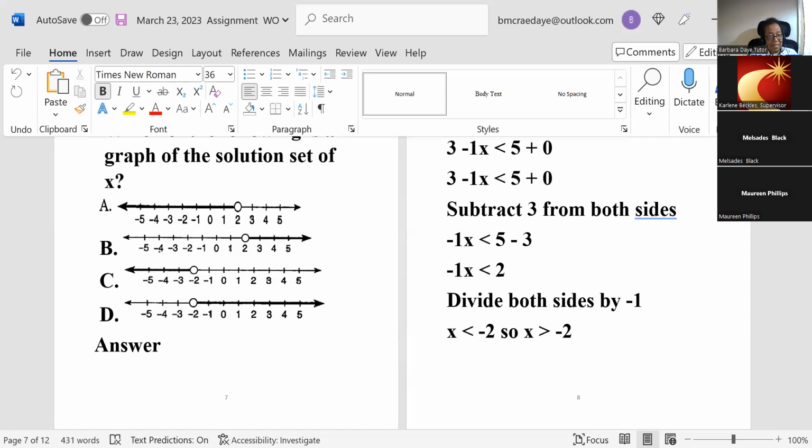It's not D, right? Why is it not D? Isn't that a negative 2? And going this way, aren't you getting bigger? Okay, x is greater than negative 2. The answer is D. D, that's right. Is that what you got, Maureen? Yeah, I just guessed it.